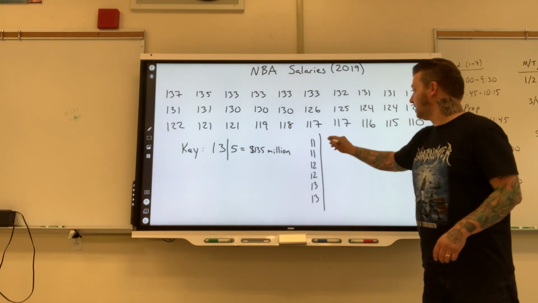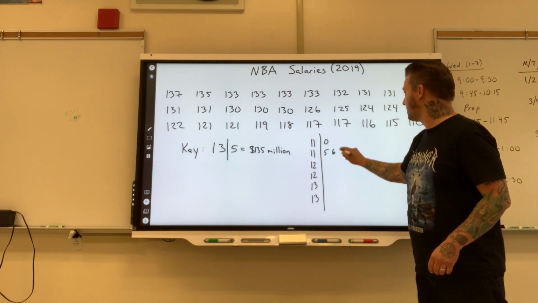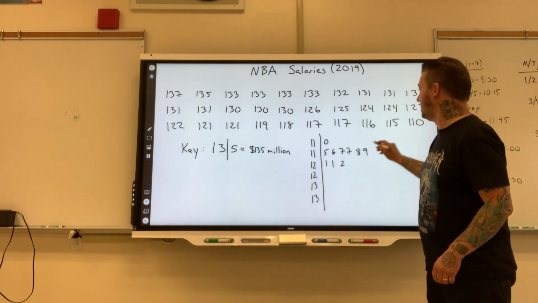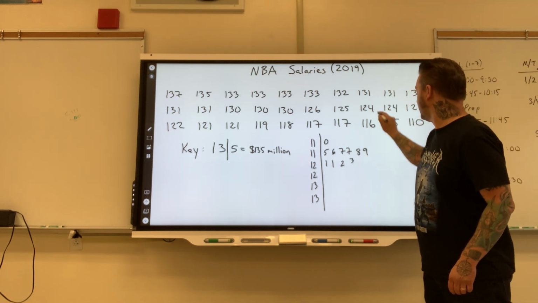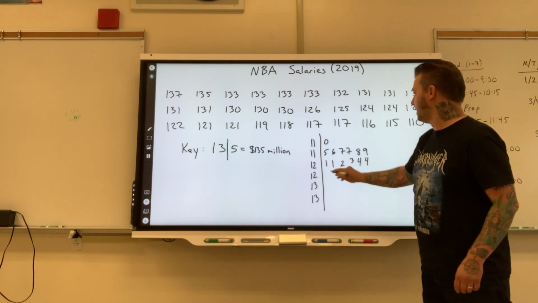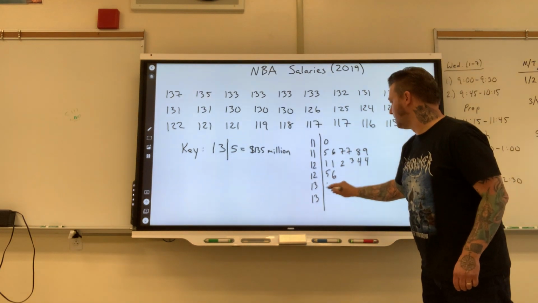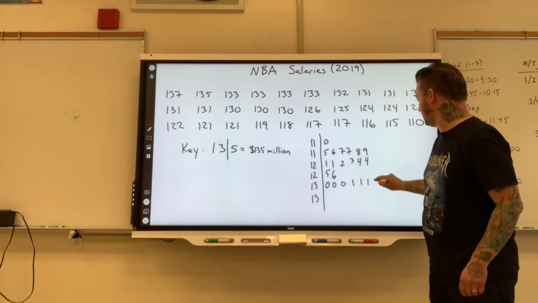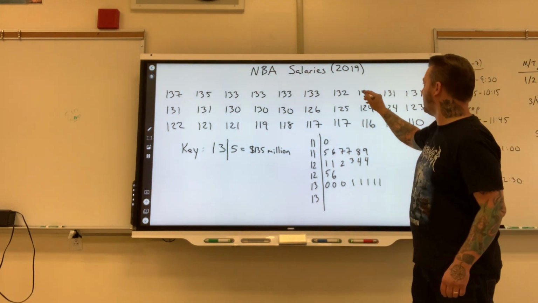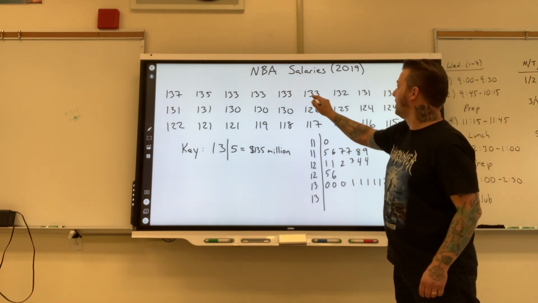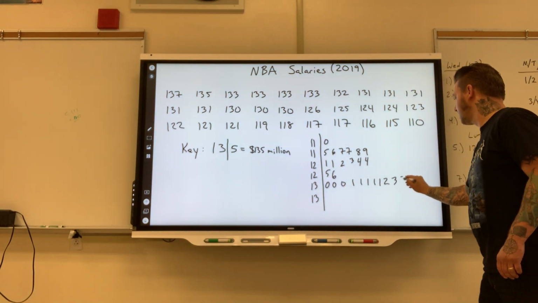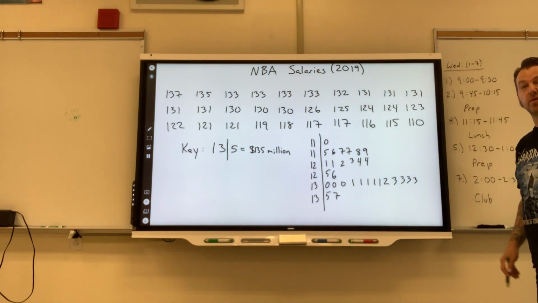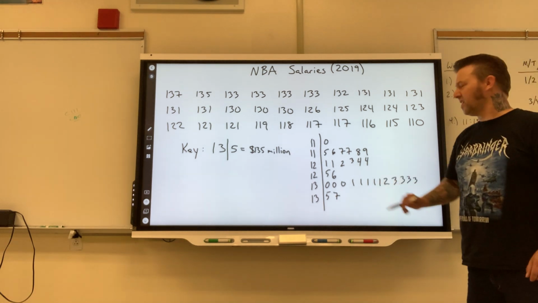So just follow along. 0, 5, 6, 7, 7, 8, 9, 1, 1, 2, 3, 4, 4, 5, 6, 0, 0, 0, 1, 1, 1, 1, 1, 1, 1, 2, 3, 3, 3, 3, and 5, 7.